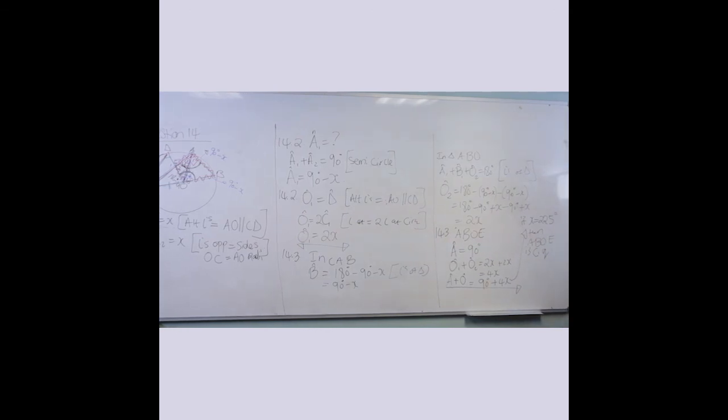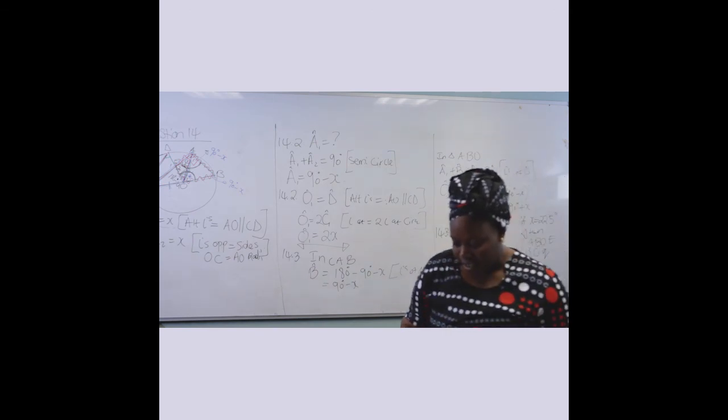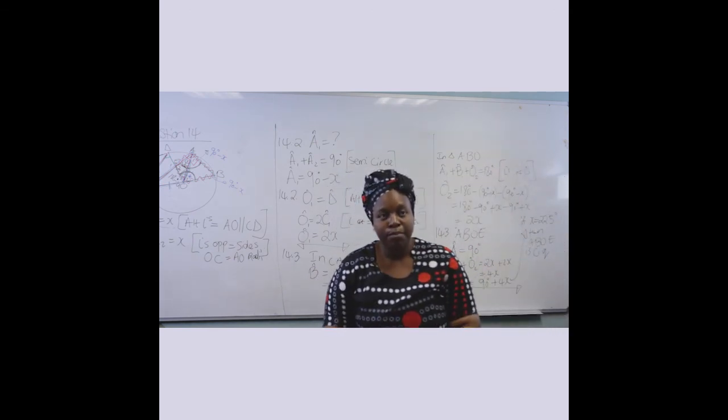They wanted you to find the value of x that, when you put it here, will make this information valid to give you 180. If I add them, I must get 180. That is why you have to come up with the value of x, because they said for which value of x will A, B, O, E be a cyclic quad.